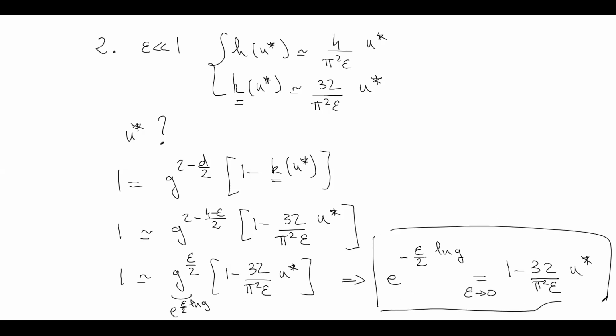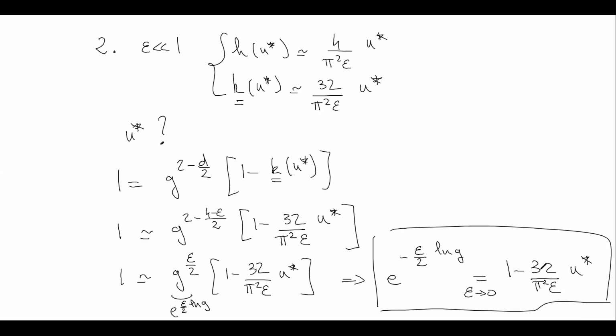Well, if epsilon is small, and since G is a finite number, typically 4, 5, whatever, this argument will go to 0. So I can also Taylor expand the exponential, and I will have 1 minus a function linear in epsilon. So I can really identify the two terms. So it says that 1 minus epsilon over 2 times log of G is equal to 1 minus 32 pi squared epsilon.